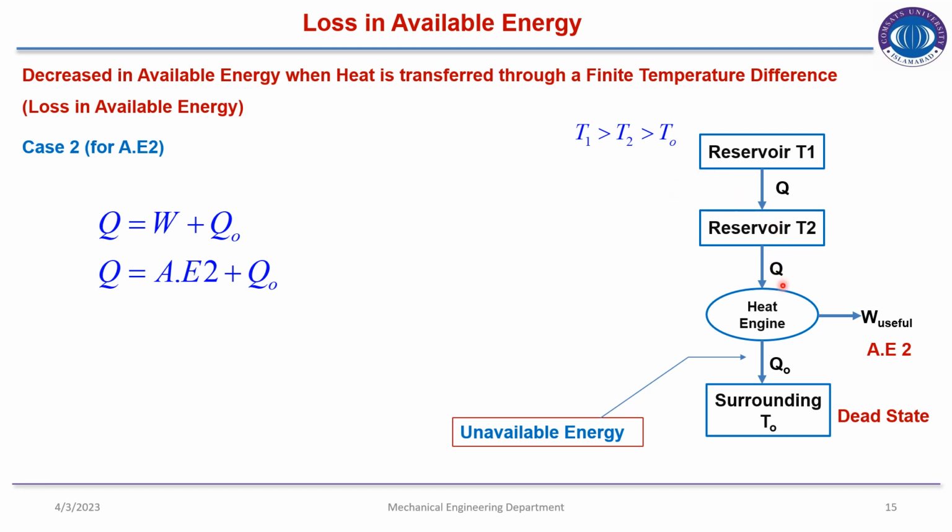Now the temperature of the T2 reservoir is 80 degrees centigrade and the same amount of heat Q enters the heat engine. Q is the total amount of energy, and for case 2 the available energy is AE2 and Q naught is the amount of energy rejected into the surroundings.